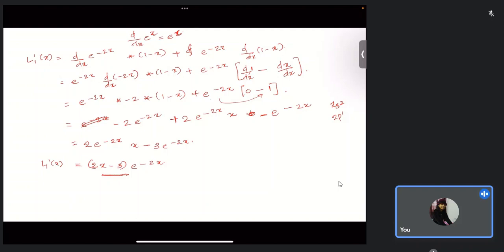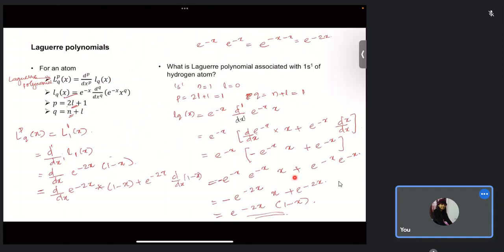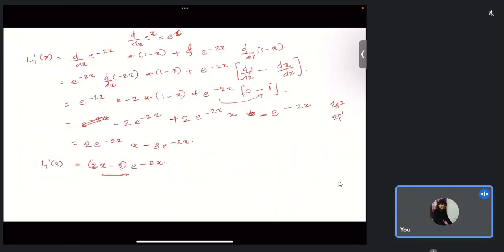So I'm at the slide where I have the equations for Laguerre polynomials.